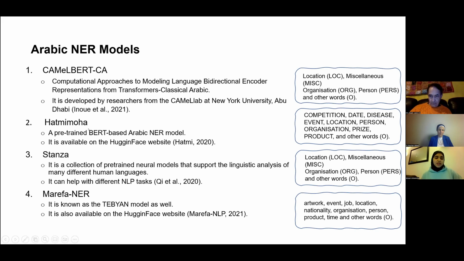The other tool is Hatimi, a pre-trained BERT-based Arabic named entity recognition model. It has 9 categories, and it's also available on the Hugging Face website. The third tool is Stanza, a collection of pre-trained neural models that supports the linguistic analysis of many different human languages, and the Arabic language is one of them.